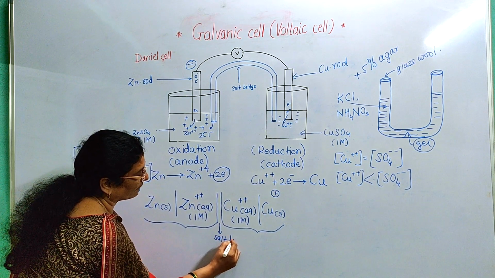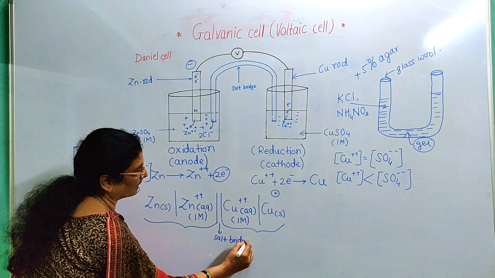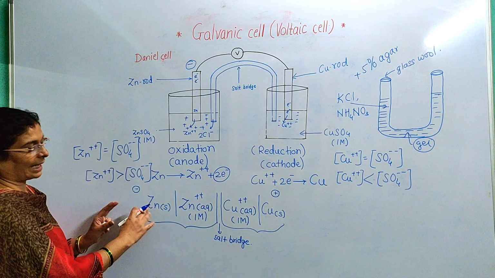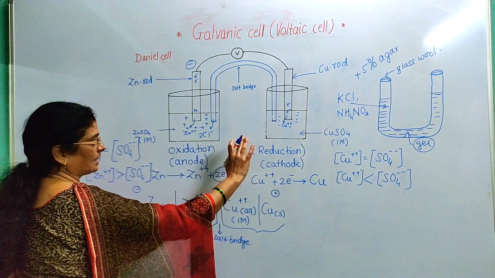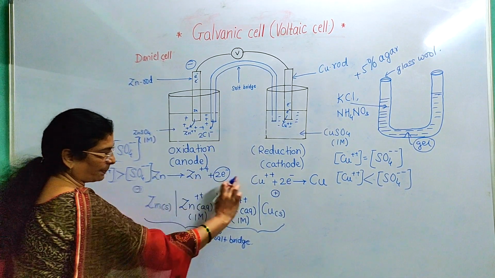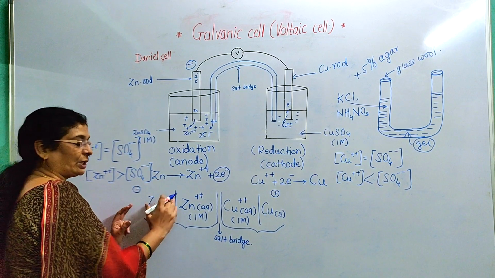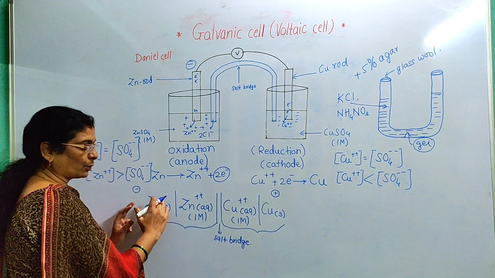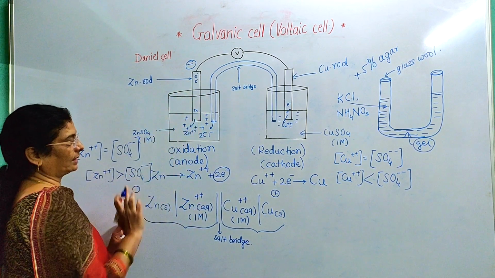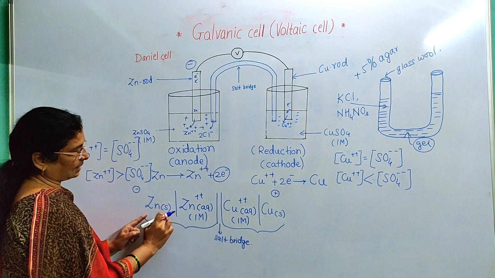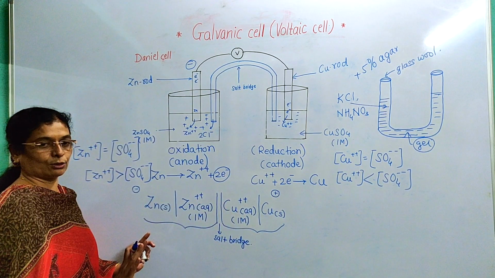Remember, double vertical line represents the salt bridge. Like this, there are rules for writing the representation of any cell. From this representation, you can understand which two half cells are used to prepare any galvanic cell. Here, in the Daniell cell, the zinc half cell and copper half cell are used.